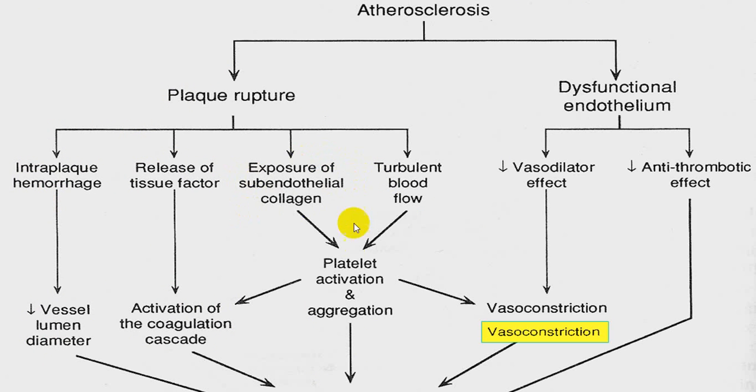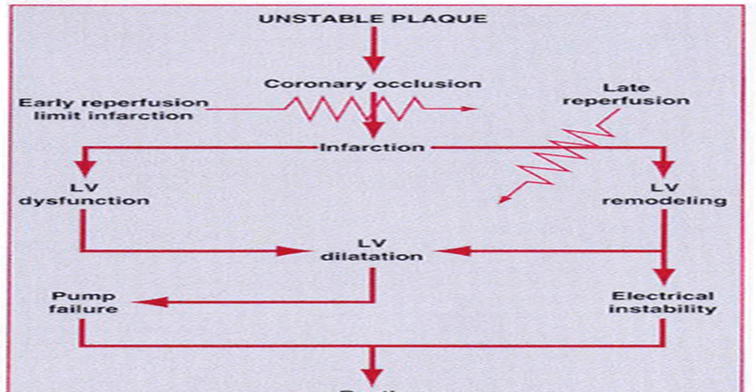Subendothelial collagen is exposed, platelet activation, platelet plug formation, then thrombosis, turbulent blood flow, activation of platelets, again thrombus formation. There is endothelial dysfunction, decreased vasodilatory effect, vasoconstriction, and that can also stimulate thrombus formation, with loss of the antithrombotic effect because of endothelial dysfunction, and that will also end up with coronary artery thrombosis.